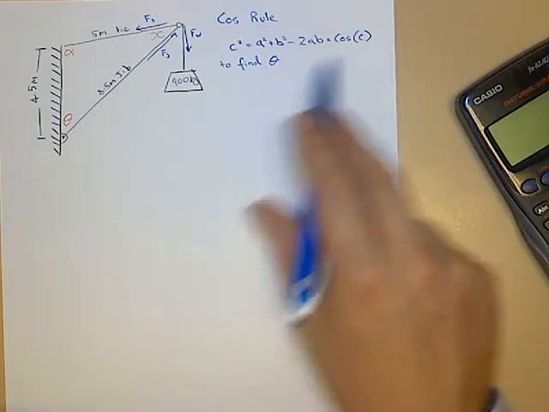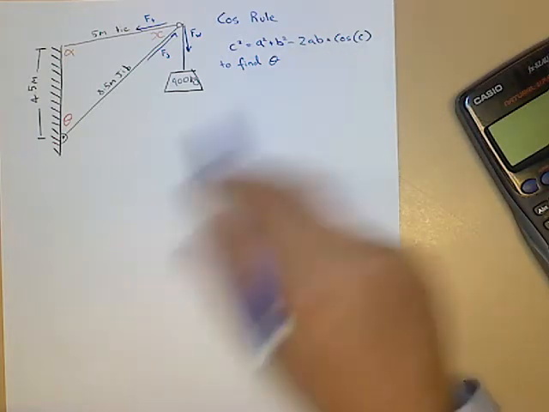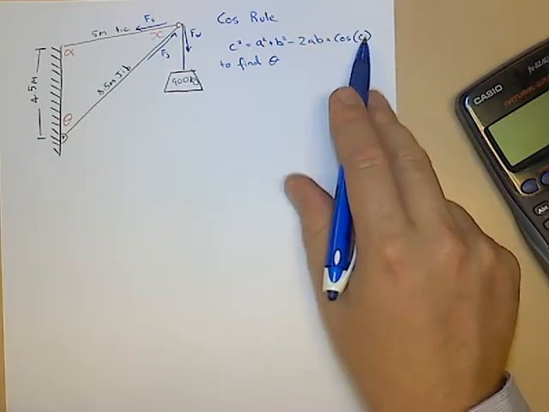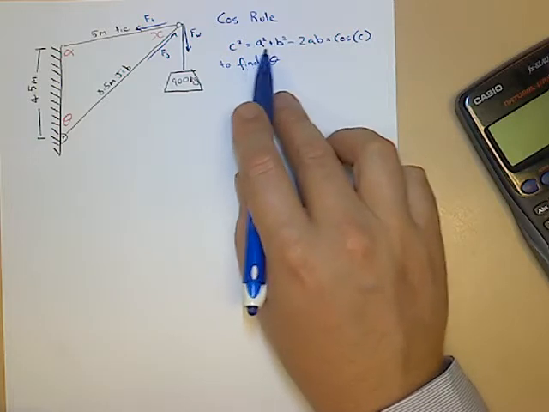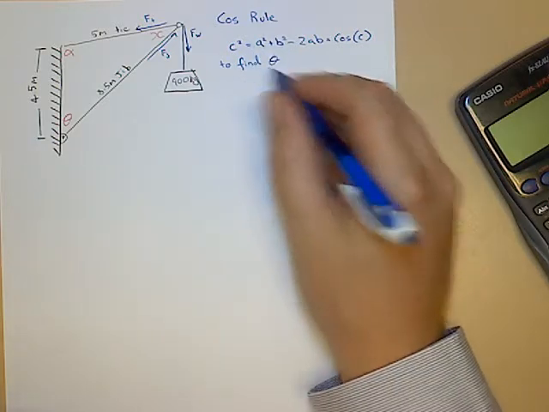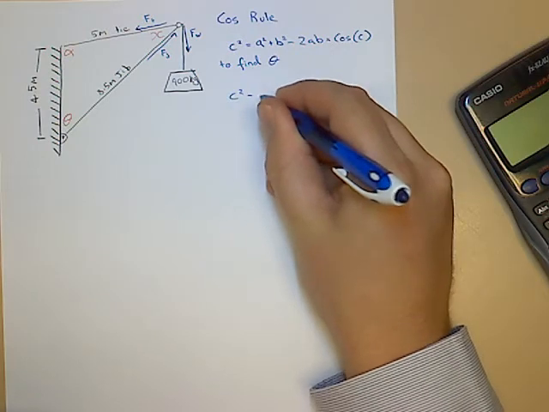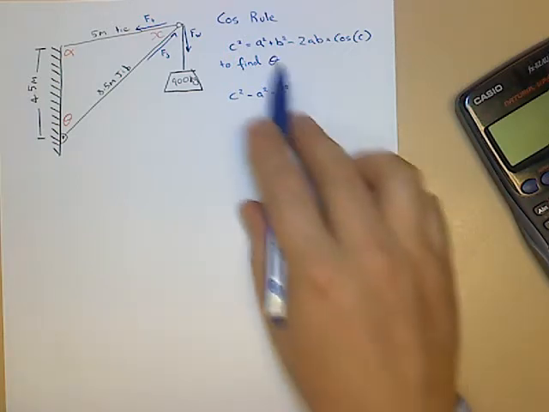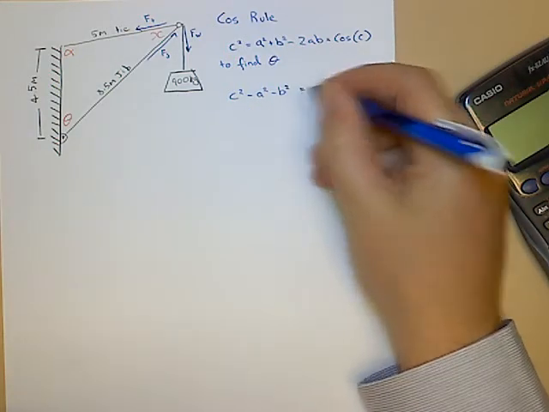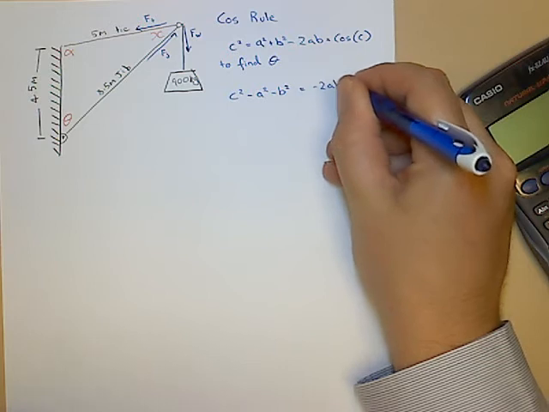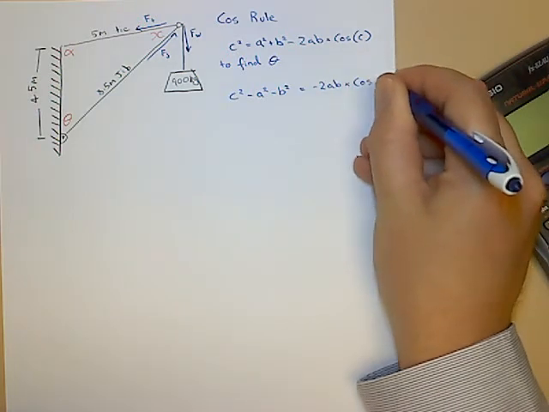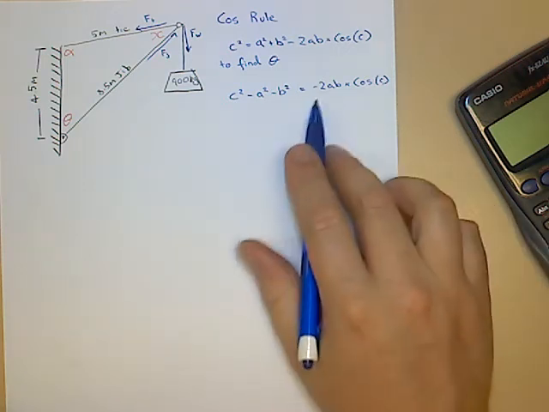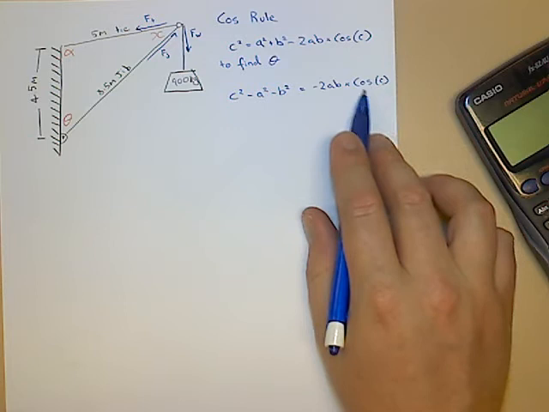We want to get the angle C all on its own, not the side c. So we take away our a squared and b squared, giving c squared minus a squared minus b squared equals negative 2ab times cos C.